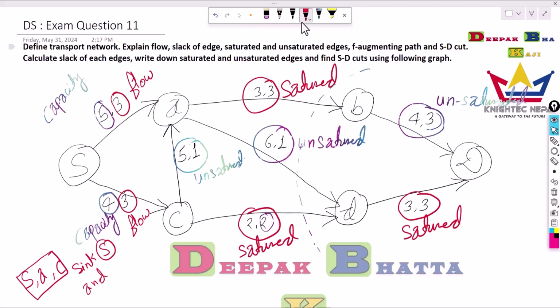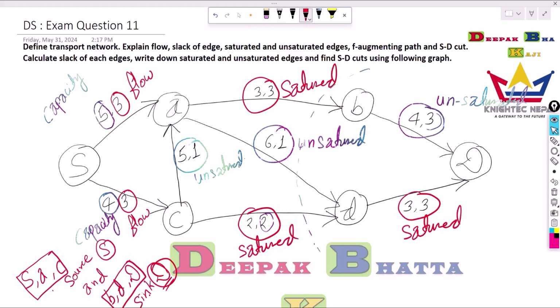And B, D and D. So B, small d, and the destination D will be the, sorry, this one is not sink, this one is source. So this one is source, and B, D, D, this one is sink, right? That is D, destination.